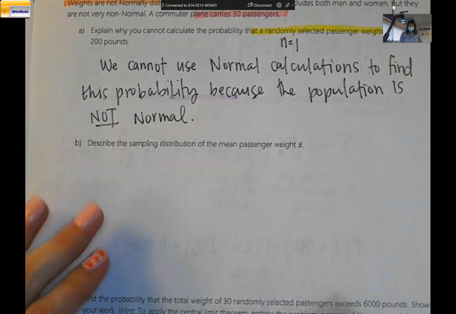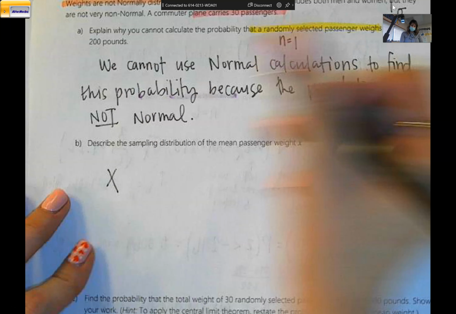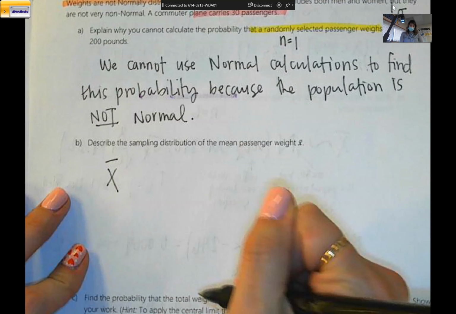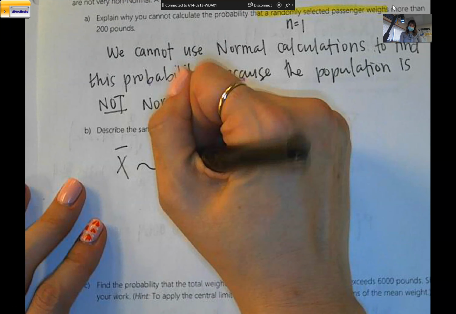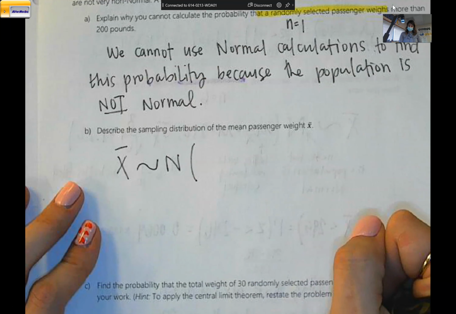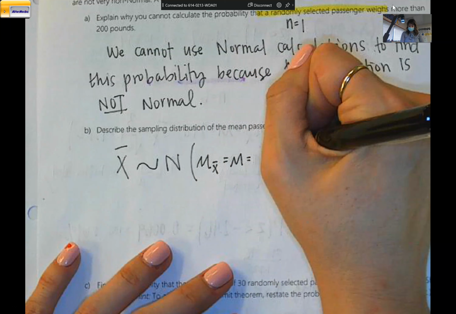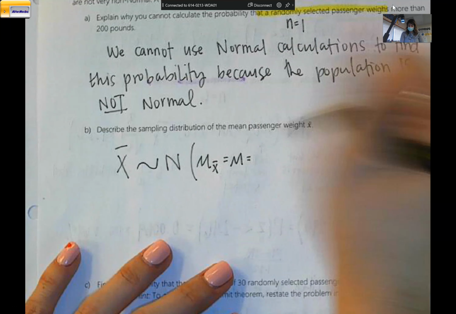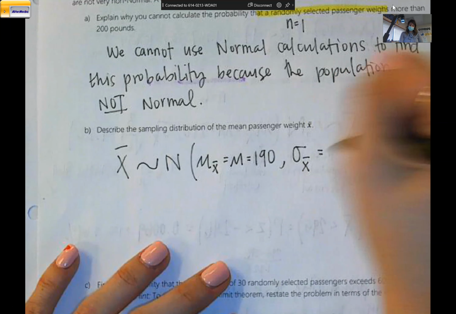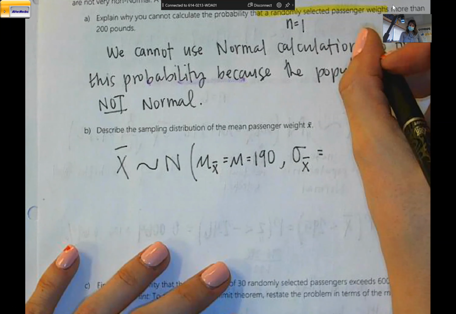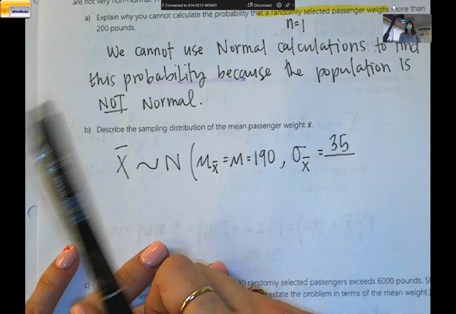Well, X bar should be normally distributed with a mean at the true value, so 190, and a sigma of 35 divided by root n.